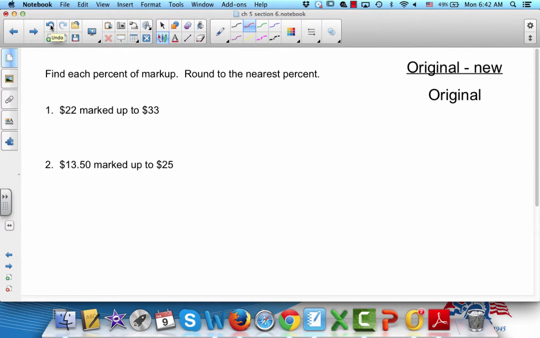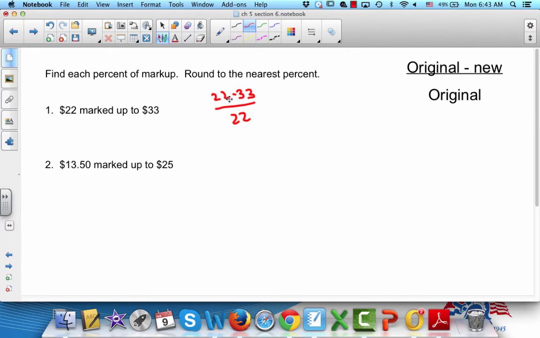Find each percent of markup. Round to the nearest percent. All right, $22 marked up to $33. You can do this the same way with original minus new over original. The original price is 22, minus 33, over 22. Now, remember this is going to be just the absolute value of this difference.